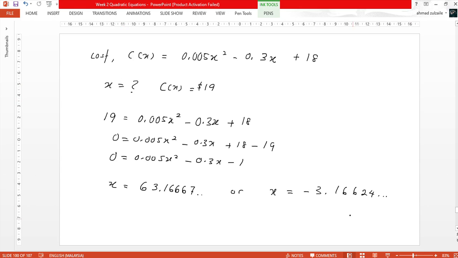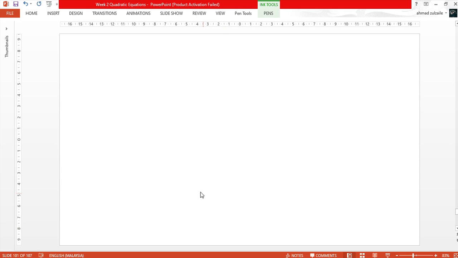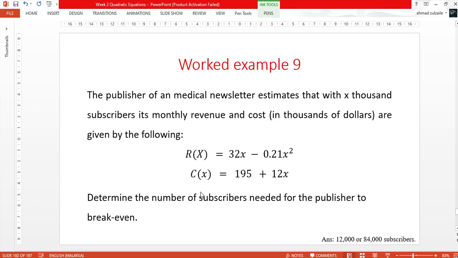So it is impossible to have a negative number for your x. So over here, just simply ignore it, right? So the final answer, your x must be rounded to a whole number. Therefore, you have 63 coolers in order to produce the cost of $19. Get it? Okay.